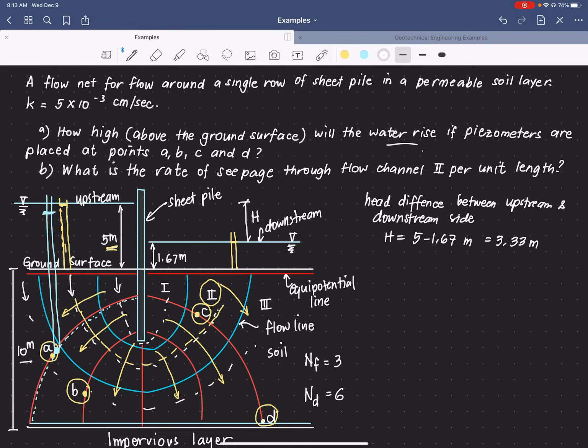Okay, so remember that this head difference is divided into each drop. Since we have a number of drops equal to 6, we can solve for the head for each drop.